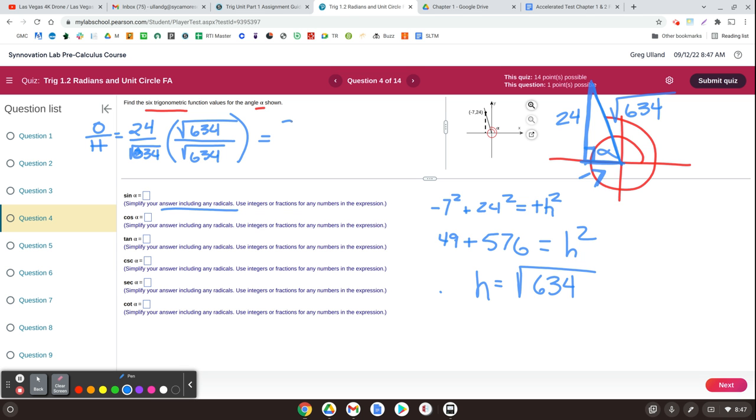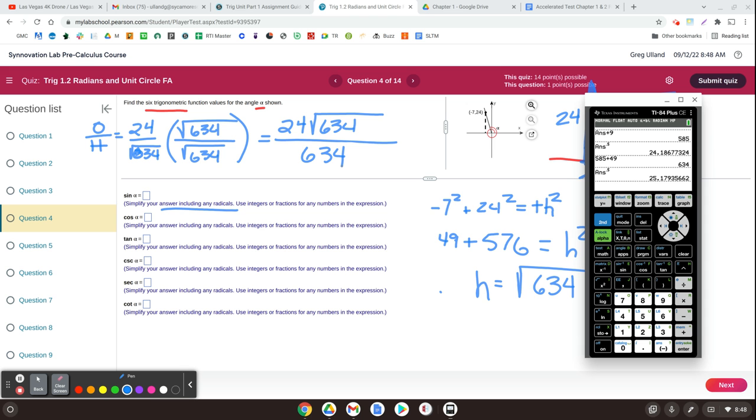And what you get for that is 24 times radical 634 over 634. Now what I'll do is get my calculator out and I'll see, can I reduce 24 over 634?